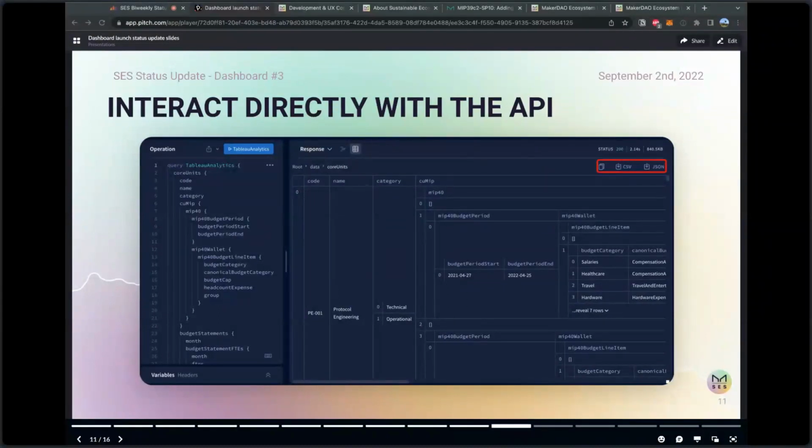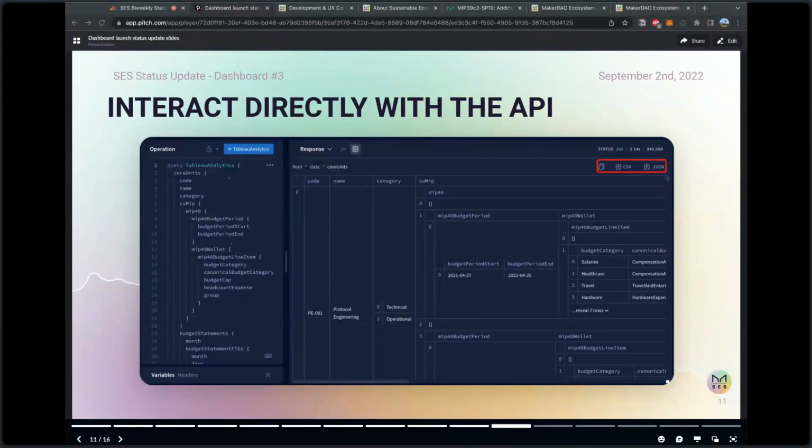This is using Apollo Graph Explorer, which allows users to construct a query exactly to their needs. It lists all of the attributes of the database, which you can see here on the left-hand side of this UI screenshot.